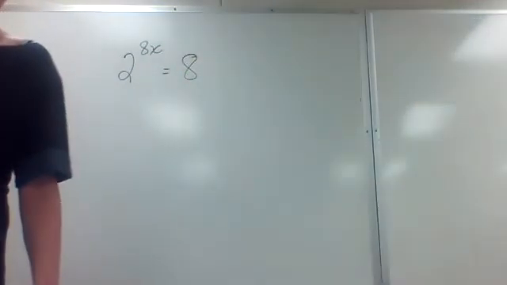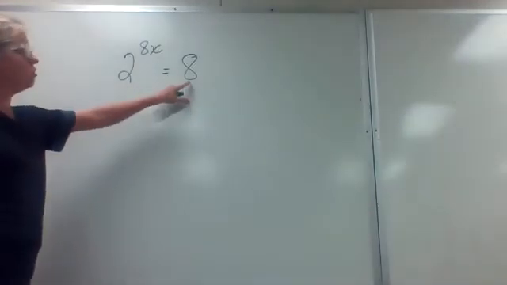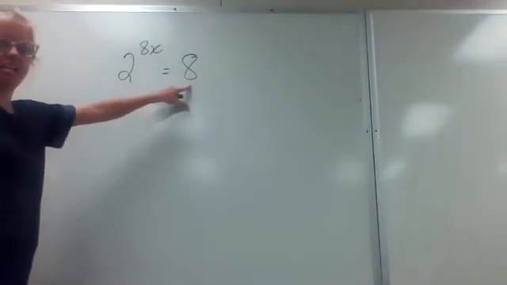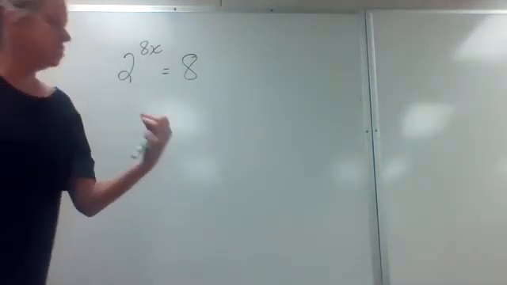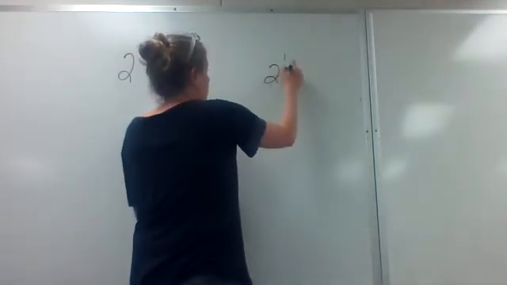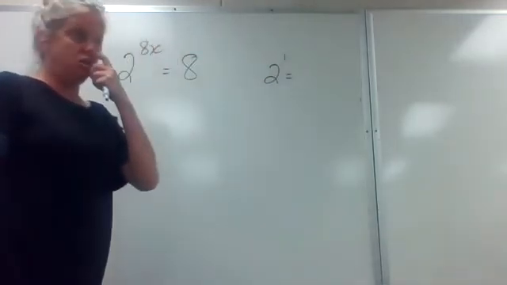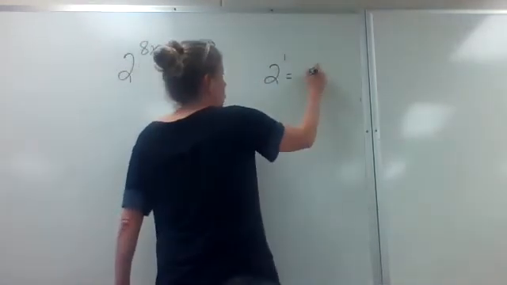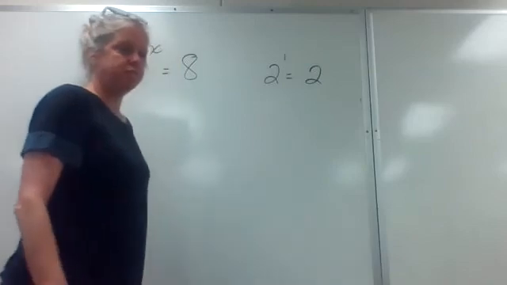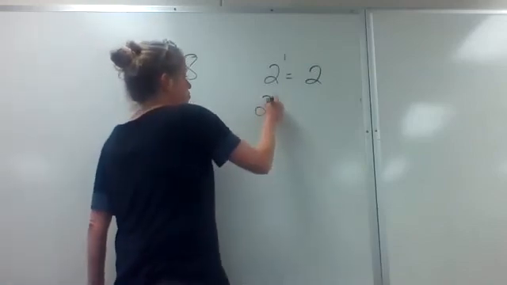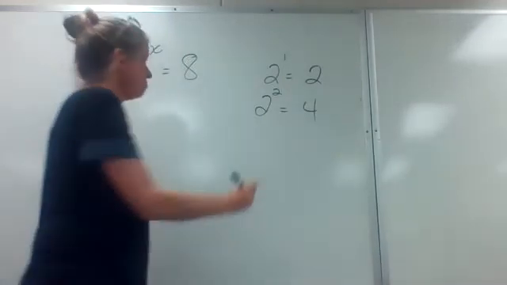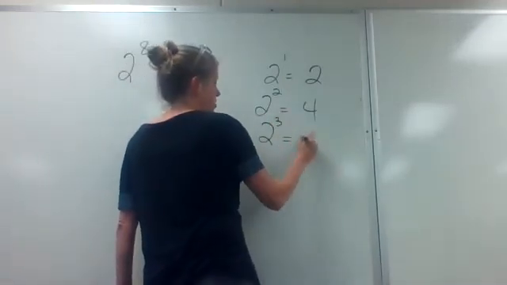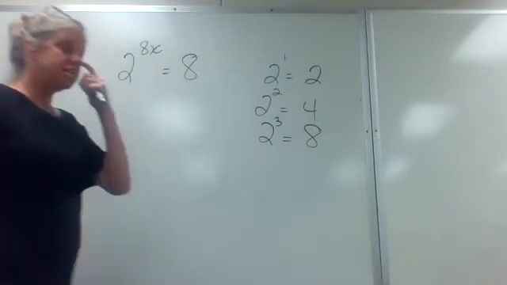So the first thing you want to try is to see if you can rewrite this side to be a base of 2. So let's see what 2 does when you give it new or different exponents. 2 to the first power is 2. 2 to the second power is 4. 2 to the third power is 8.